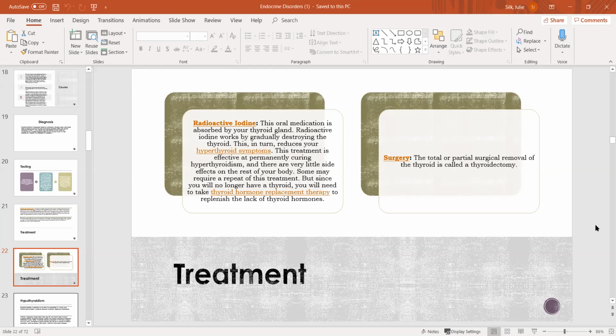Lugol's solution is extra iodine that reduces the blood supply to the thyroid gland and makes the surgery easier and safer. They also said that those other two drugs I originally mentioned, the PTU and methimazole, sometimes you'll see people take those for a little bit before their surgery as well.